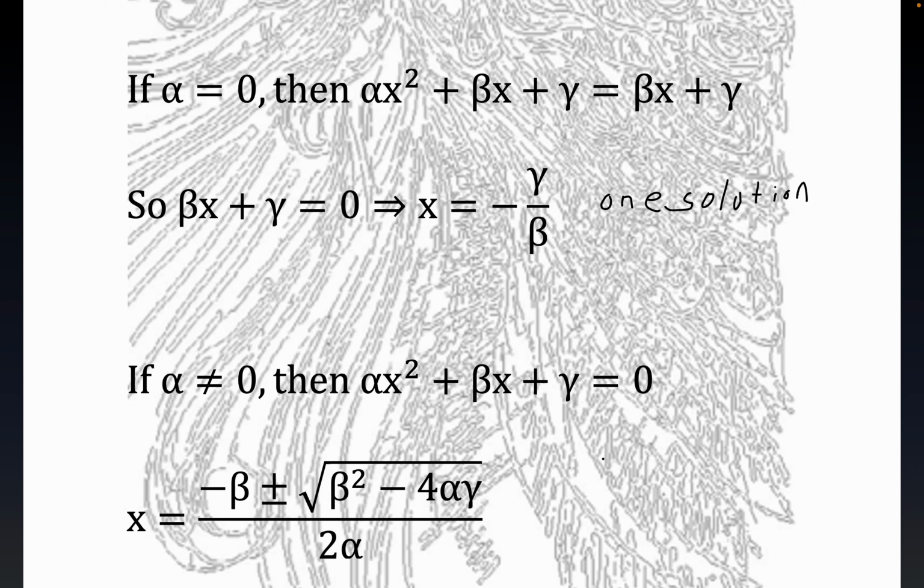So as long as beta squared minus 4 alpha gamma, and this may be the first time I've made a gamma in my life by hand, is not equal to 0, then you have 2 solutions. I should call them roots. Okay, 2 solutions, and guess what?